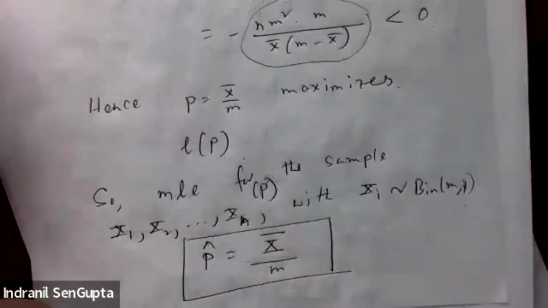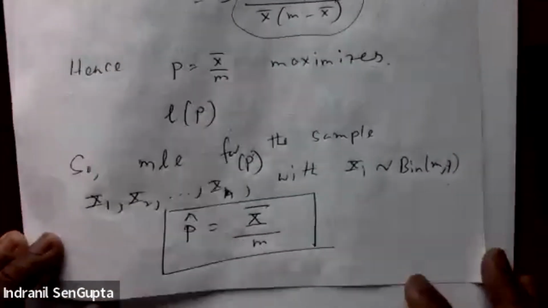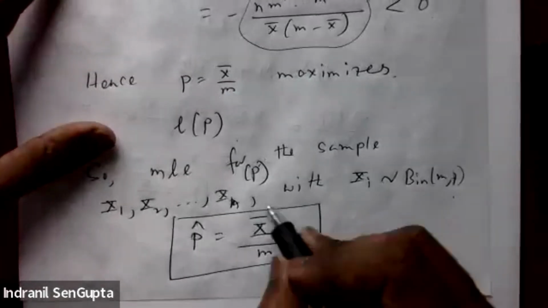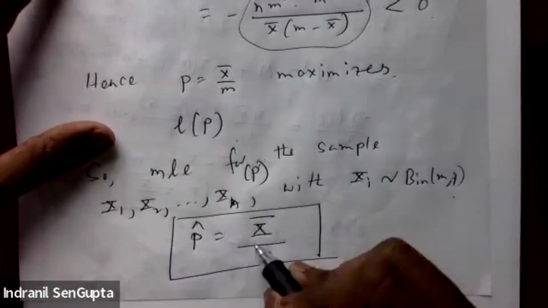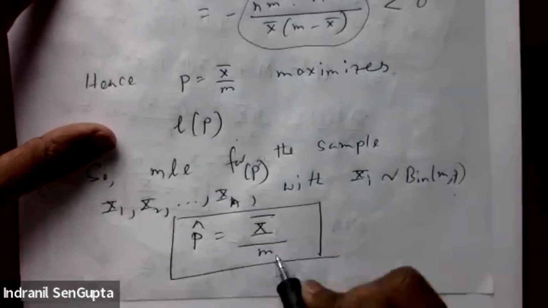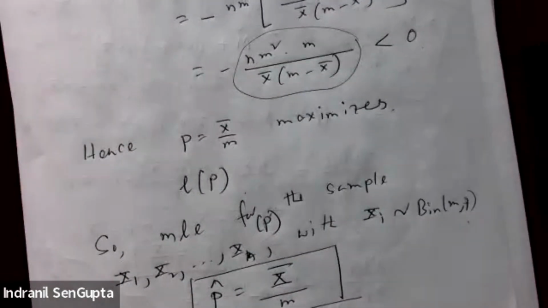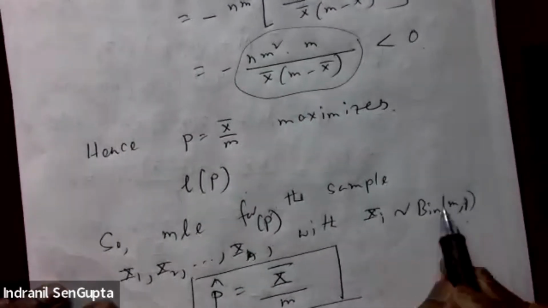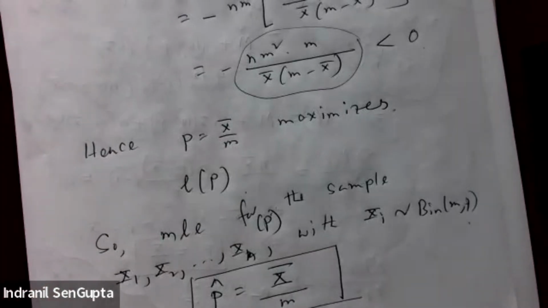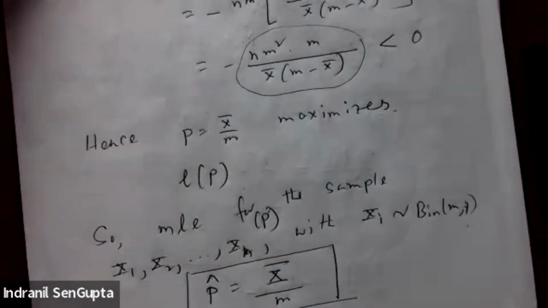And that's a very well-known result for the binomial sample. So we compute the sample average and we divide by m, the number of trials. Okay, so this is a result.